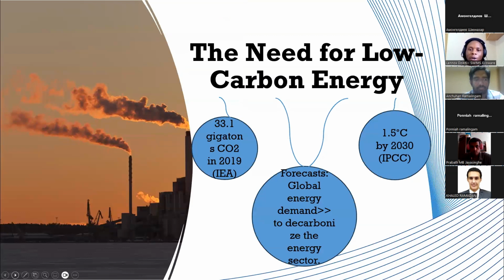So our world is at a pivotal moment with the need for low carbon energy sources becoming increasingly urgent. Why is that? Because now the development of smart systems which require very high energy, the development of new technologies, and industrial demands require more energy.